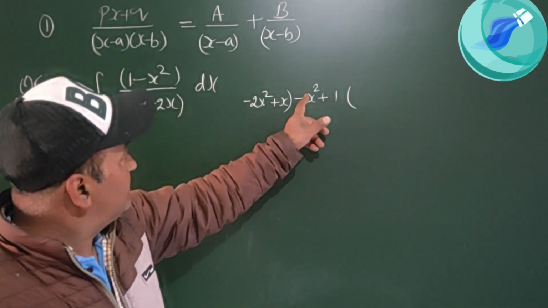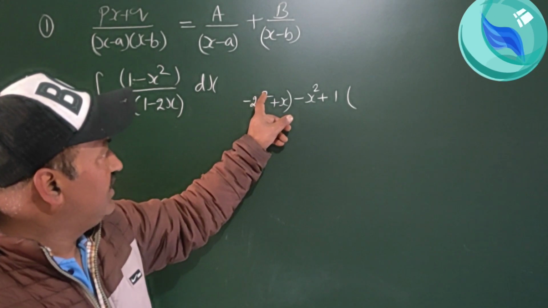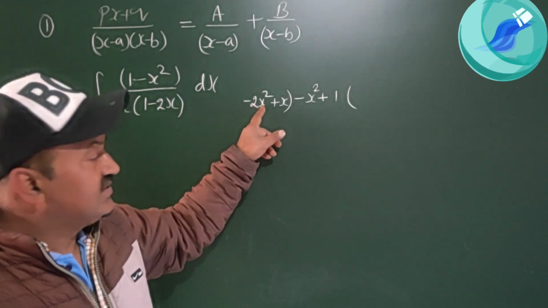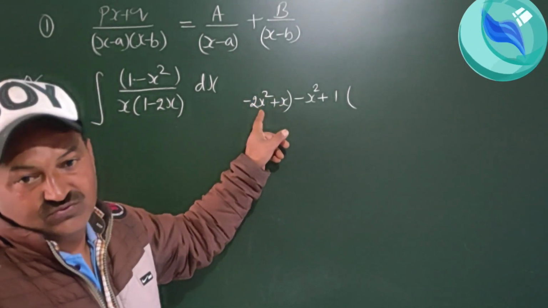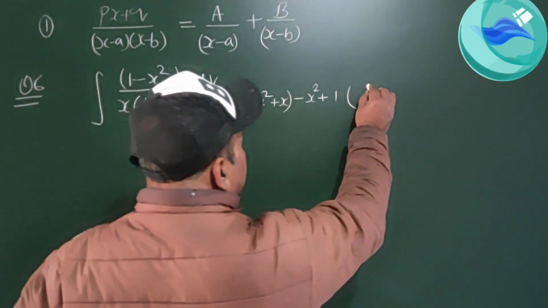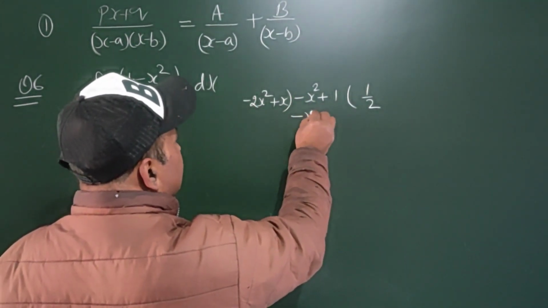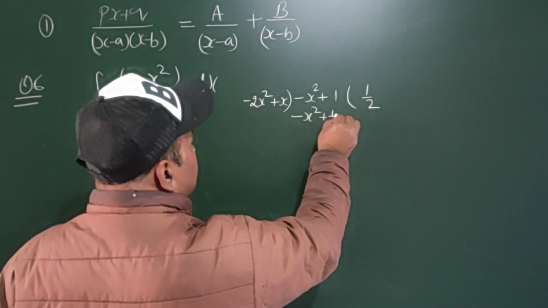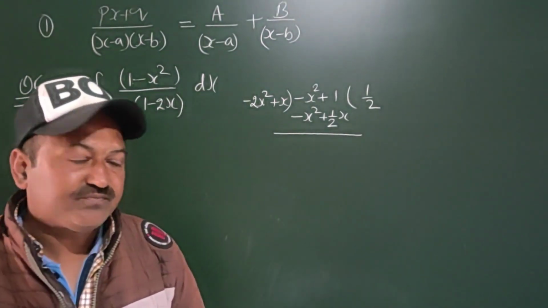This is minus 1 into x square, this is minus 2 into x square. We have to multiply the denominator by 1 by 2, so that we get minus x square and plus 1 by 2 into x.